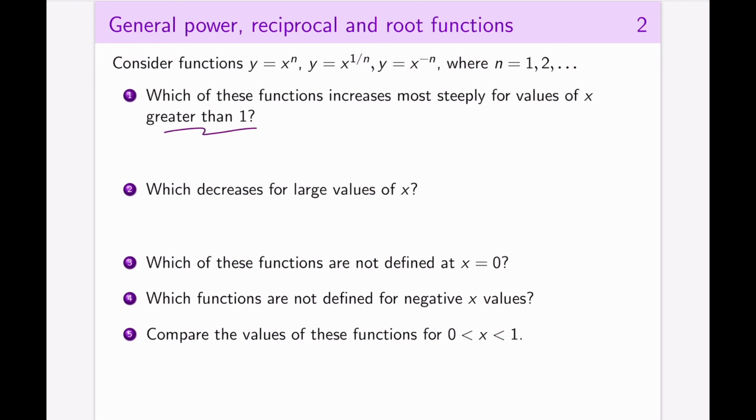Now, this is only really in regards to x to the power n, but what about the other powers here? Well, if n is large, then 1 over n is going to be very small. If n is, let's say, 100, then 1 over 100 is a very teeny tiny number.